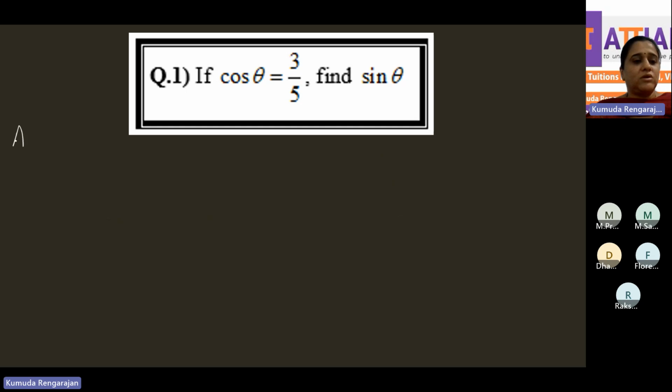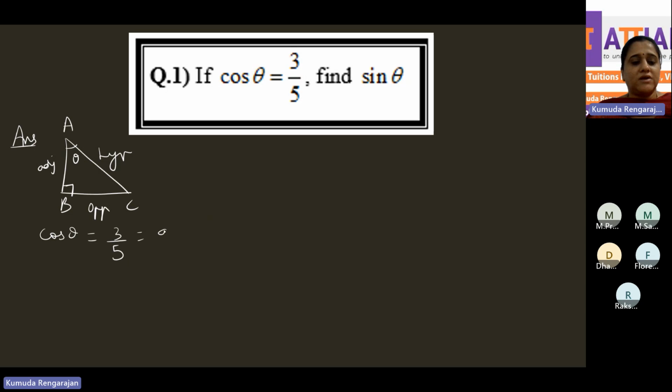For this alone, I don't have the solution, so I'm just working it out. So ABC, right angle. We are marking this as theta, opposite side, adjacent side, hypotenuse, and cos theta is equal to 3/5. And that is adjacent by hypotenuse.